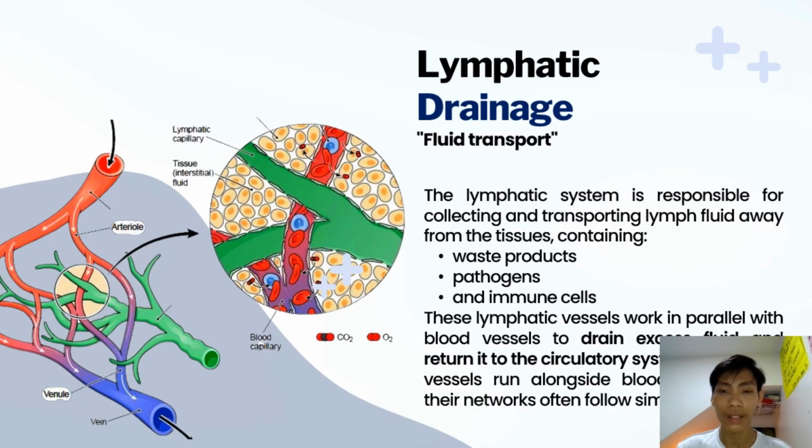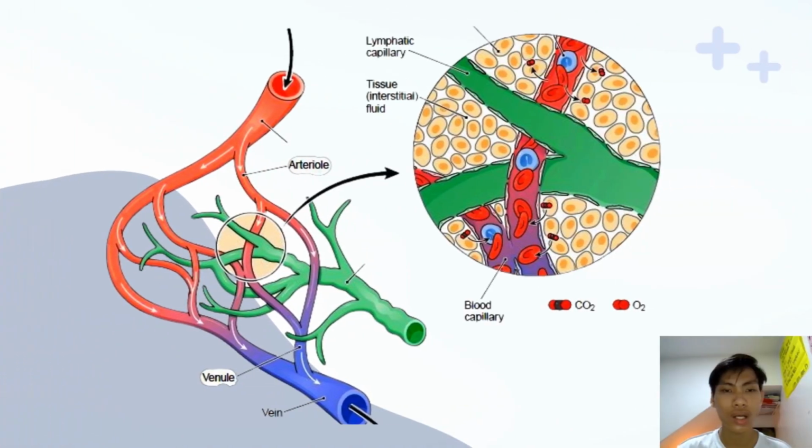Now, as we can see upon looking at this illustration, throughout our body, interstitial fluid, or fluid found in the spaces around cells, leaks from blood capillaries into our tissues. Lymph capillaries pick up this fluid and return it to our circulatory system.